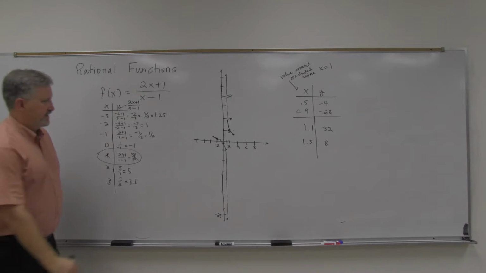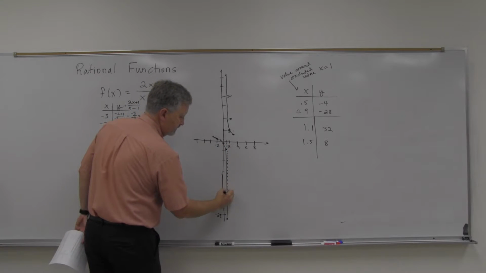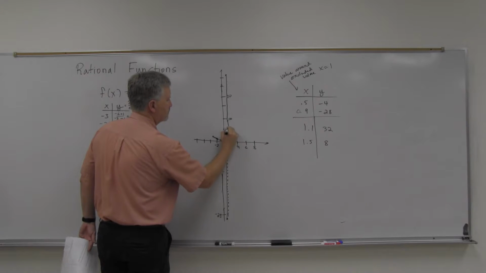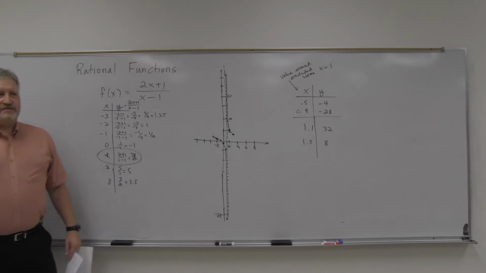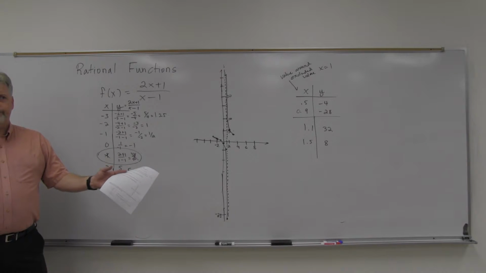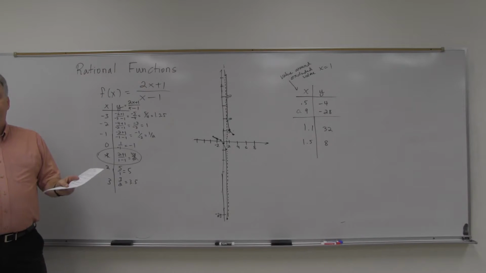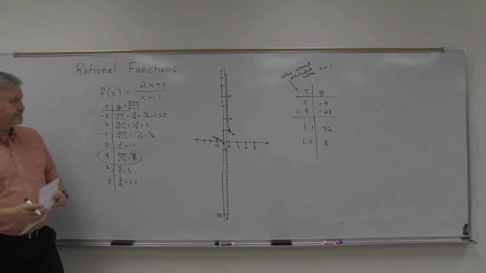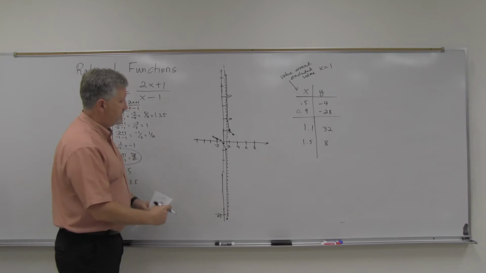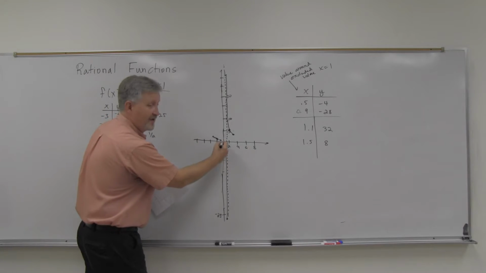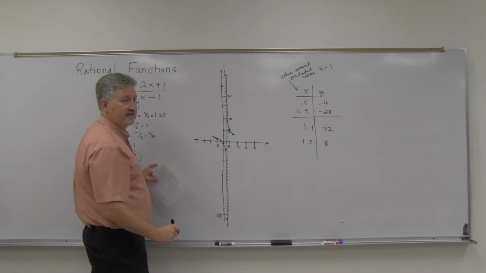Well, hopefully we can see there that at this +1 value, let's just draw in a little dotted line there, because x can't be equal to 1. And so I'm not going to cross that. I mean, that line is technically not there, but I'm not going to be able to cross that line because x can't be equal to 1. However, what I see is as I get closer and closer to x equals 1, these values are headed down, negative infinity, if you want to say it that way.